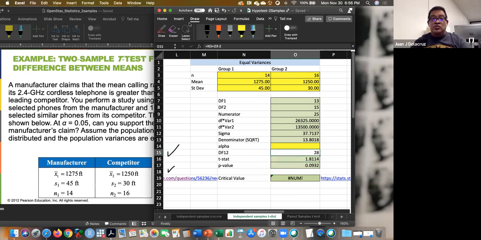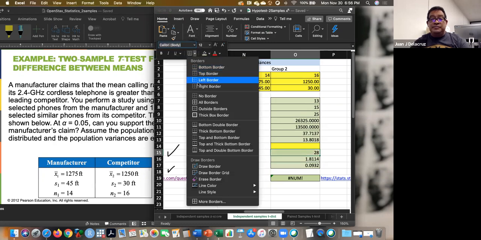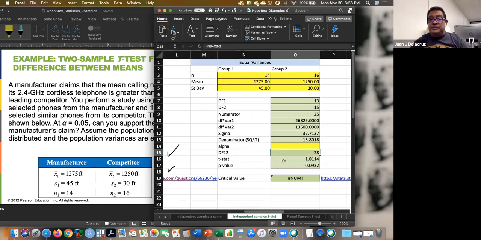That also should be a formula. So I am going to do the following. Instead of saying 28, I'm going to click here. So every time I enter different values, my t-score is going to be computed.